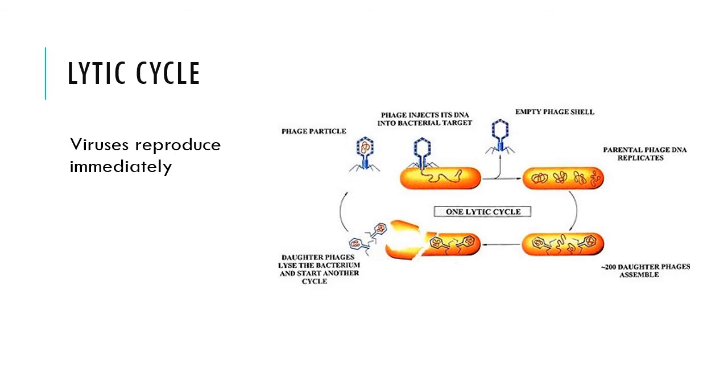So here's the lytic cycle. I have much better pictures than this. But in the lytic cycle, viruses reproduce immediately. You can see in that picture, the T4 bacteriophage, the blue thing that kind of looks like a spider, is infecting a bacteria. So even bacteria can get infected by viruses. And the bacteria is the little orange thing.